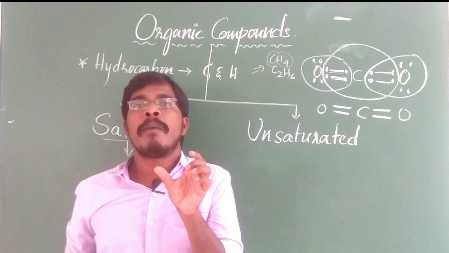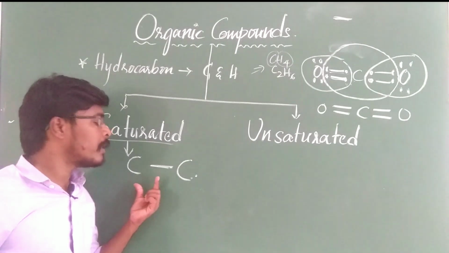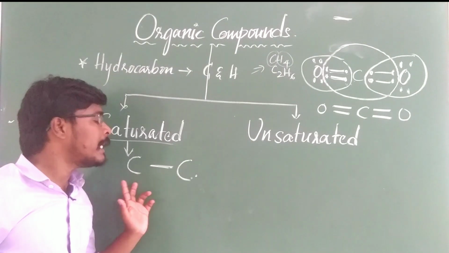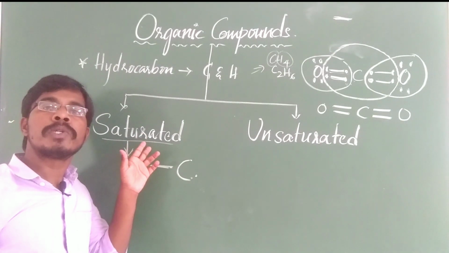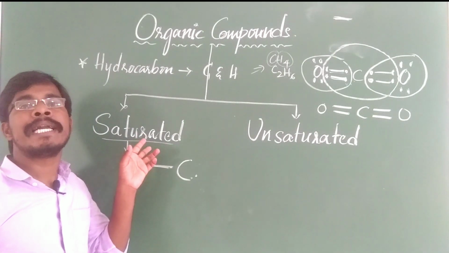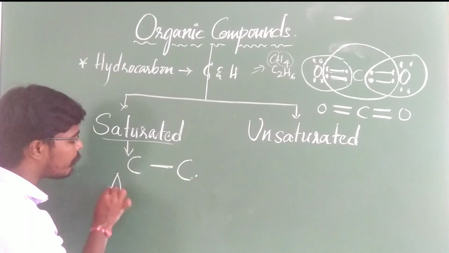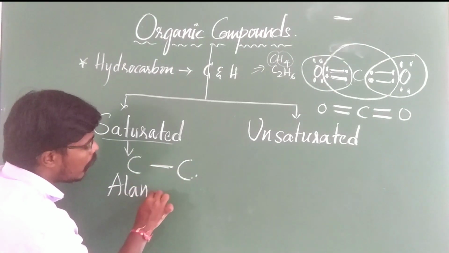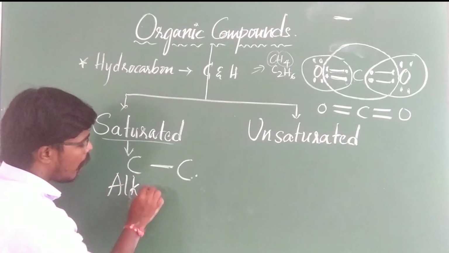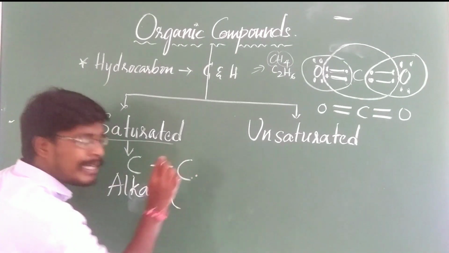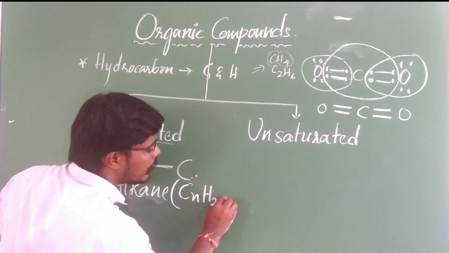Carbon compounds which have a single bond between the carbon atoms are called saturated carbon compounds. And we have another name for this: alkane. The other name for this carbon compound is alkane, and it has the general formula CnH2n+2.